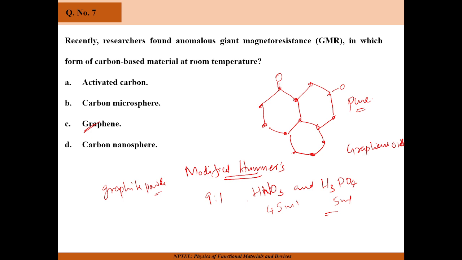This material has very interesting properties. One is that it exhibits GMR at room temperature, and it is also a highly electrically conductive material and is tremendously used. It has applications ranging from physics to chemistry to even civil engineering.